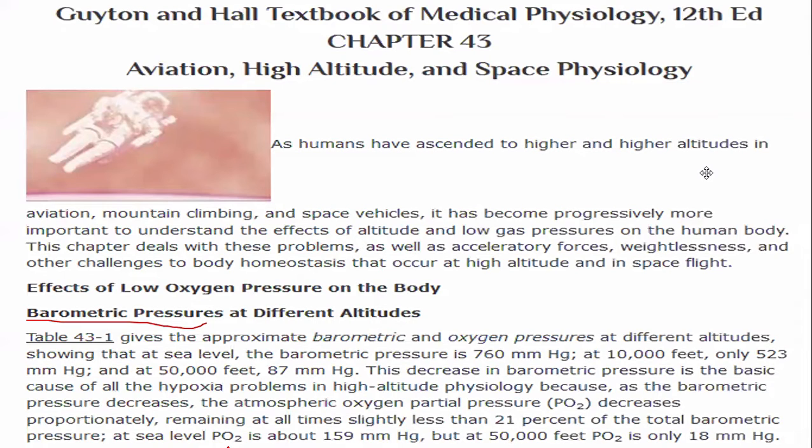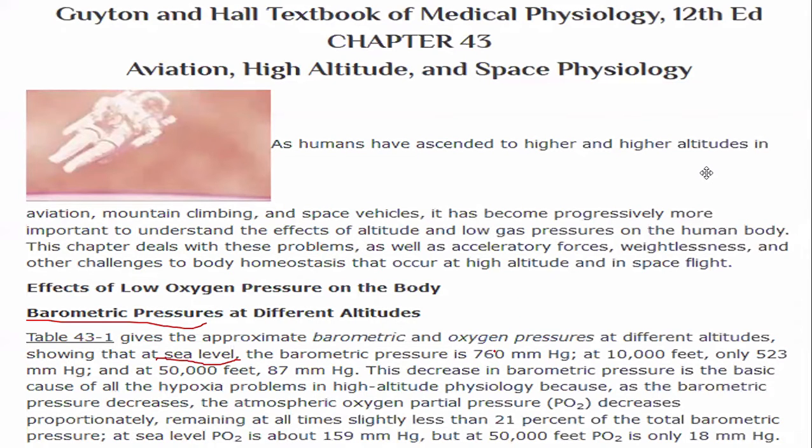The table gives the approximate barometric and oxygen pressure at different altitudes, showing that at sea level, the barometric pressure is 760. Just take note of this. This is a very important figure.